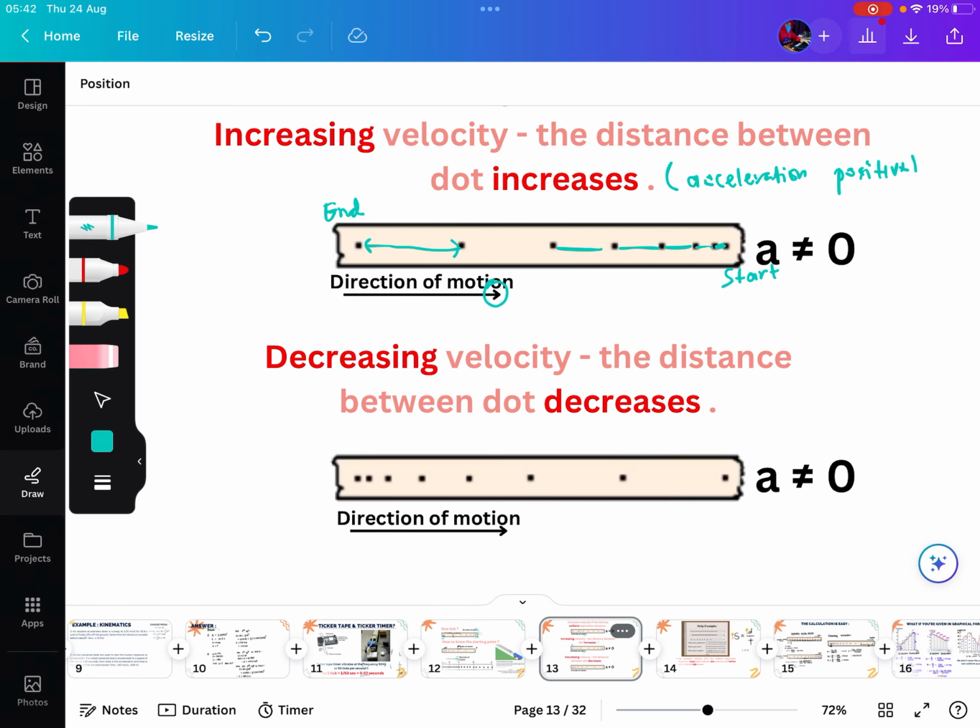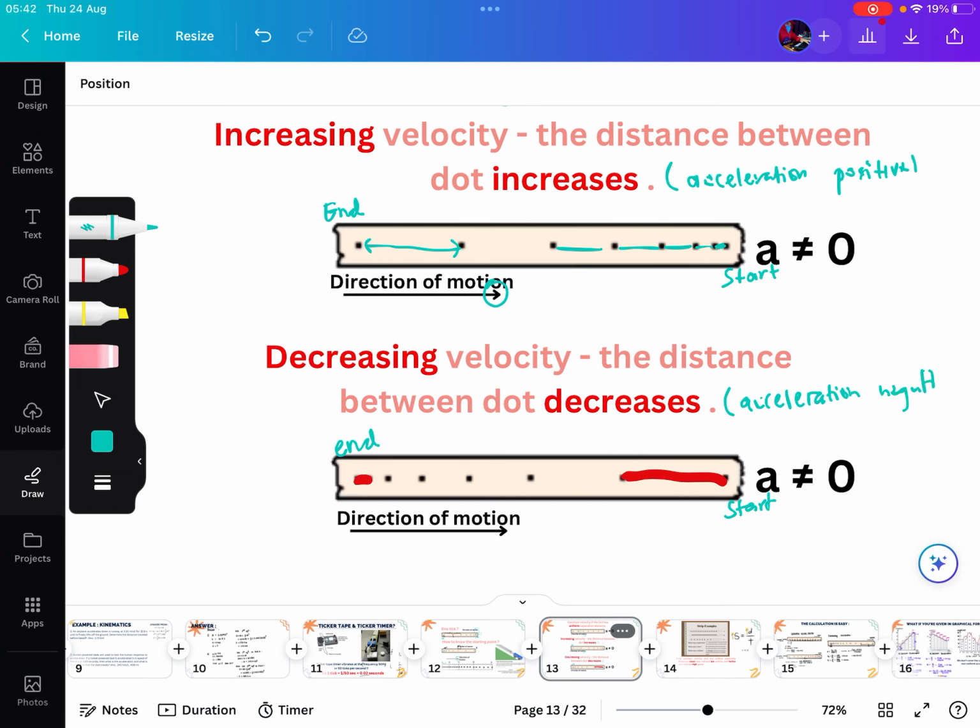Of course the direction of motion is from here, start, and this is the ending. So you can see the distance decreases, from this length to this length at the end, from longer to shorter, which is decreasing velocity. So for decreasing velocity, the acceleration is instead negative.